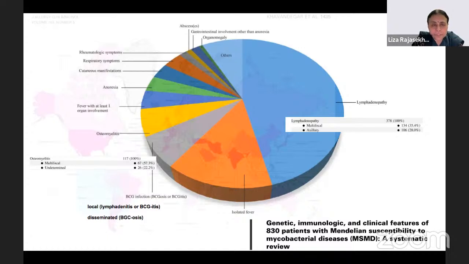Other clinical features are also listed here, like anorexia, respiratory symptoms, some autoimmune diseases, and abscesses. So generally, these patients present immediately after the vaccination with the local lymph node in the axilla or in the neck, and sometimes with disseminated tuberculosis.